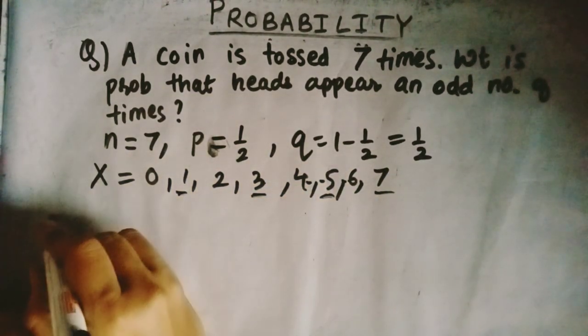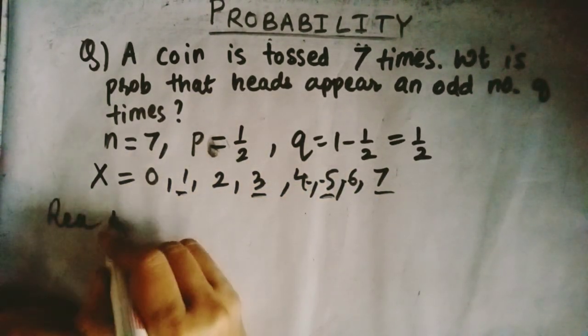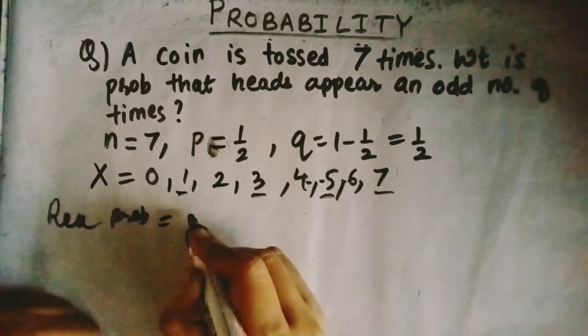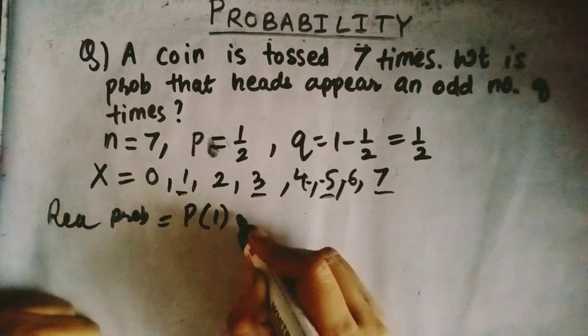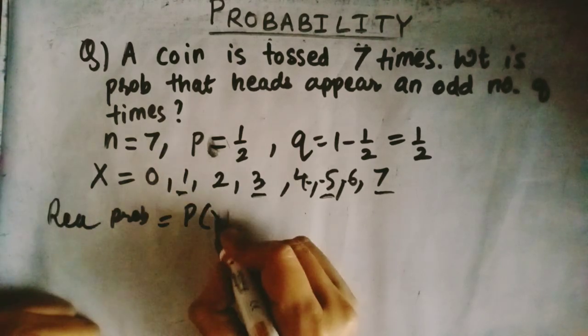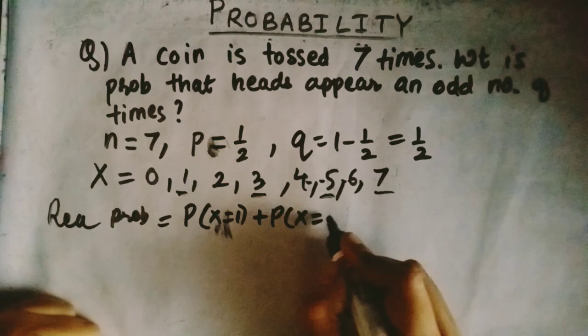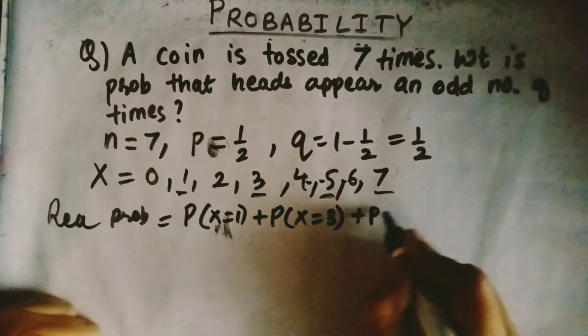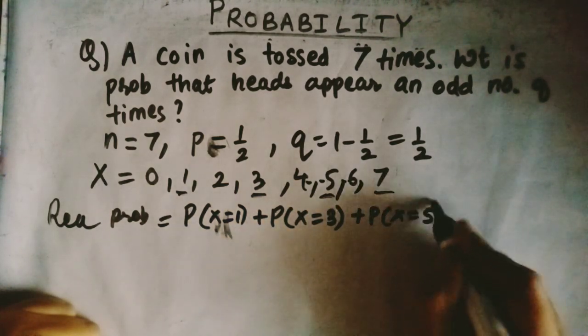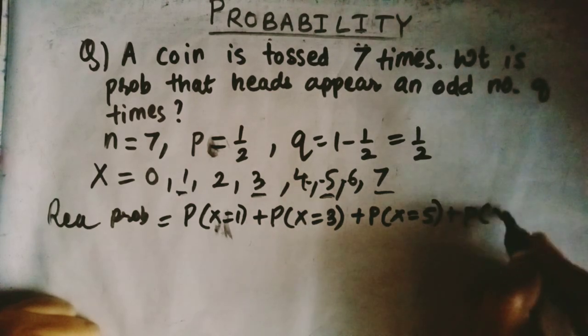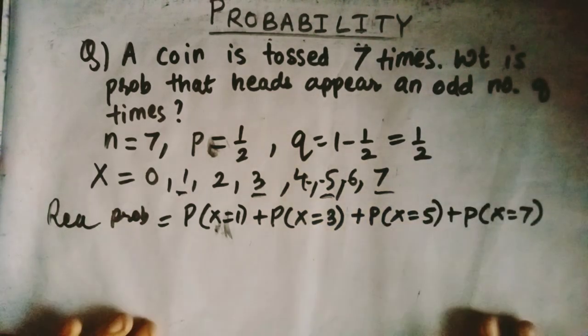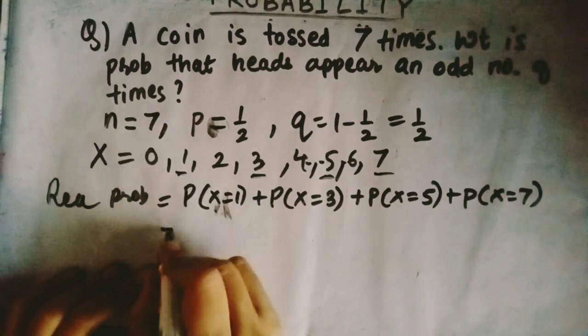So the required probability will be P of x equal to 1 plus P of x equal to 3 plus P of x equal to 5 plus P of x equal to 7.